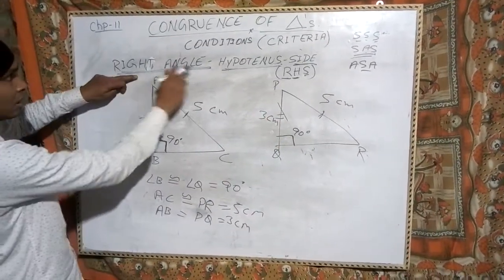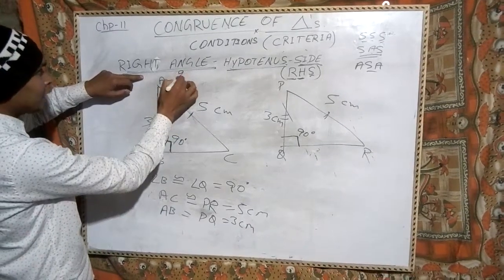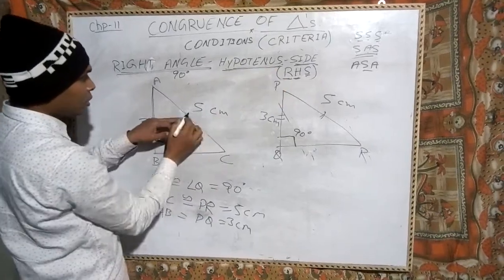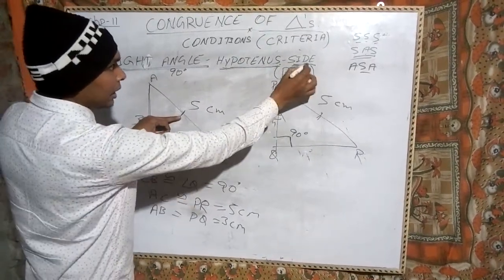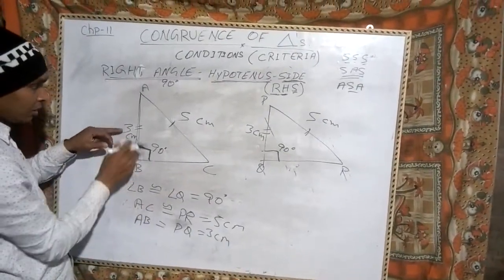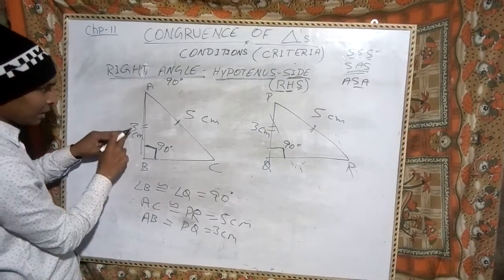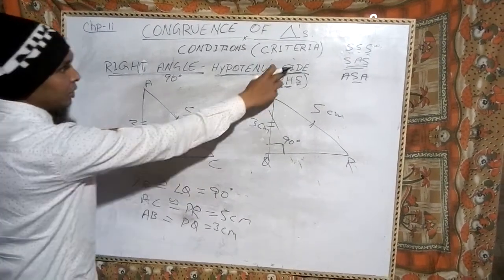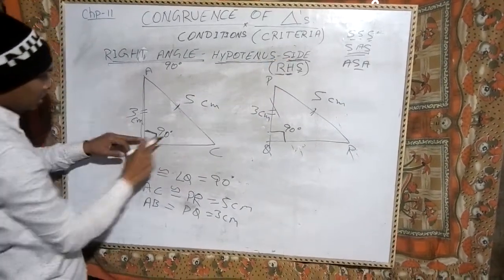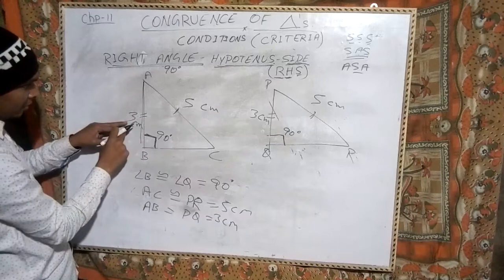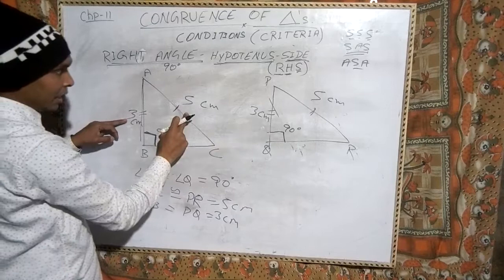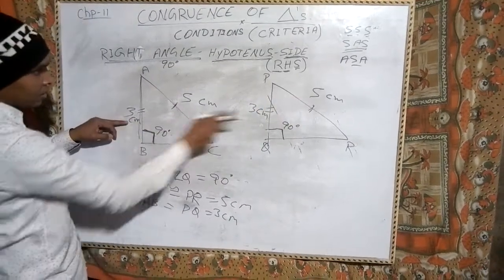Three criteria: right angle of 90 degree in both triangles, hypotenuse, both hypotenuses equal, and side, either this side or this side, any one side should be there. So right now I am taking this side, and if this side and this side are equal, that means for this RHS: R for right angle, H for hypotenuse, and S for side.